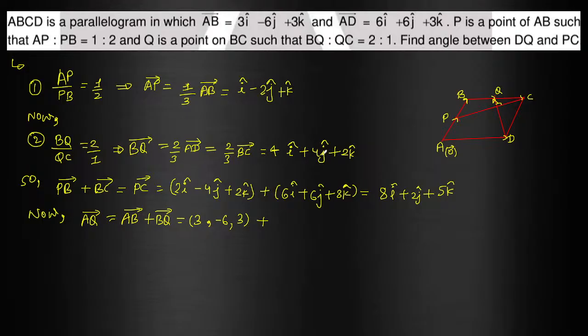BQ vector is 4, 4, 2. We have 7I cap minus 2J cap plus 5K cap.